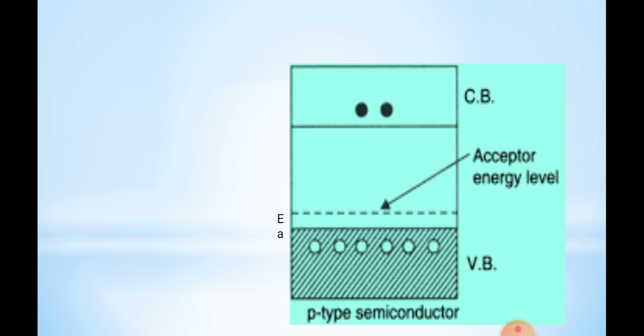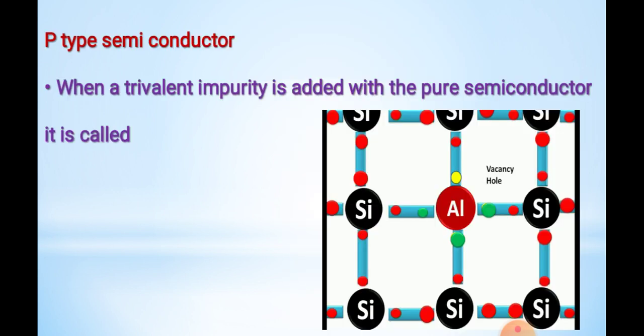When there is an empty space in the aluminium, one electron moves from the silicon towards the aluminium's empty space. So this aluminium accepts that electron. Hence we call this aluminium an acceptor.